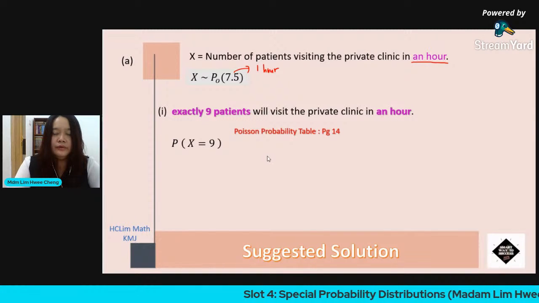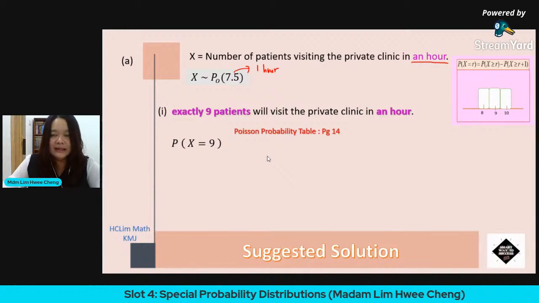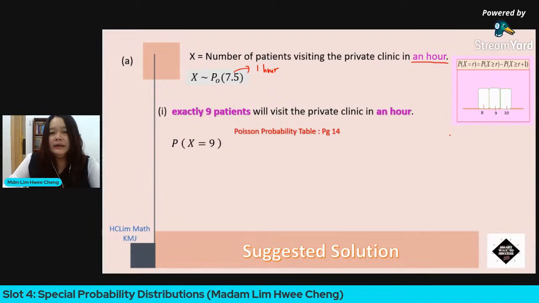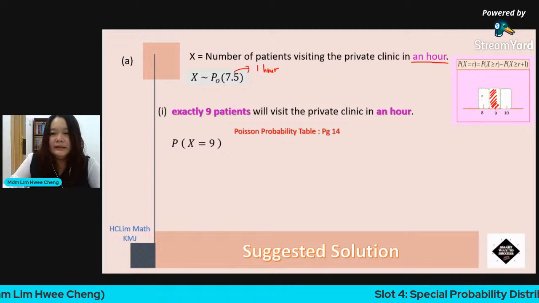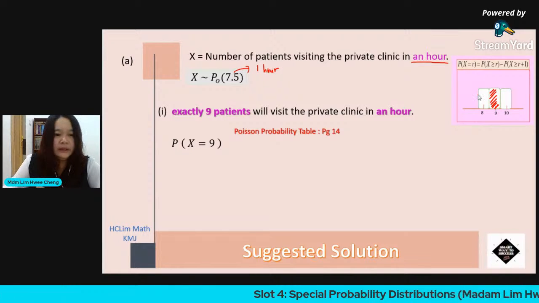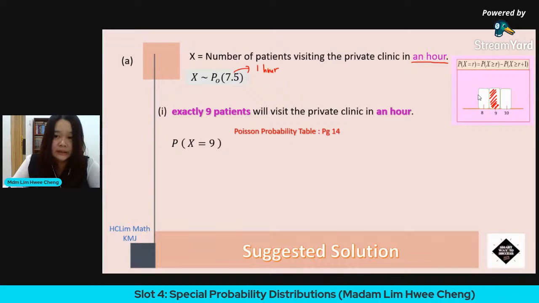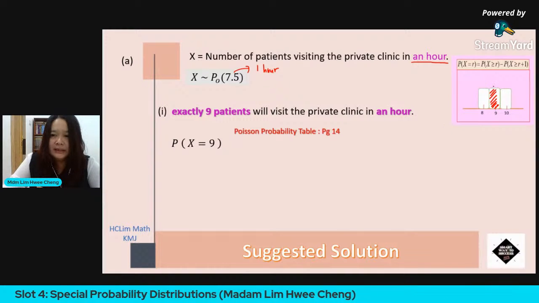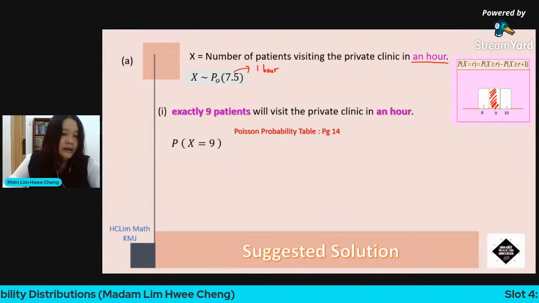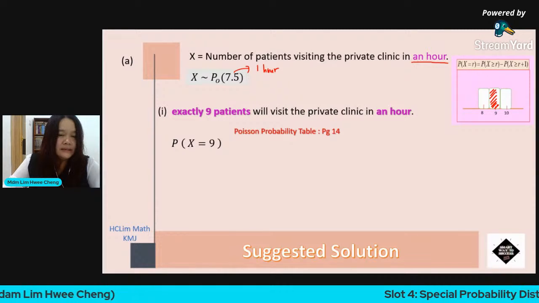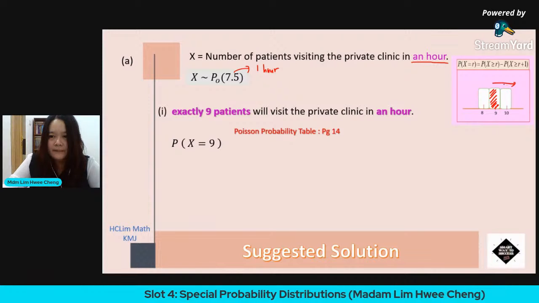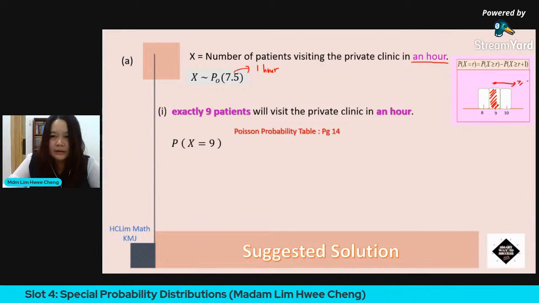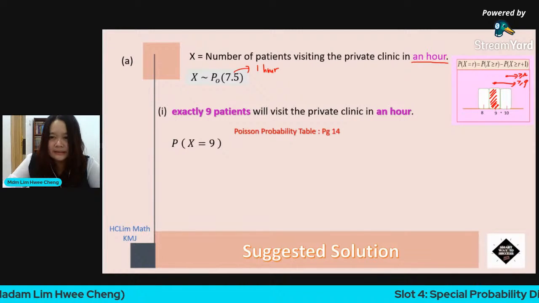If you read from the Poisson table, you want to find number 9. This one we don't need the normal bell because we didn't change the distribution, so we just use the normal one. Remember your table, I said just now that it is the cumulative of X greater or equal. So you must read greater or equal than 9, subtract with greater or equal than 10. This is 10, this is 9.